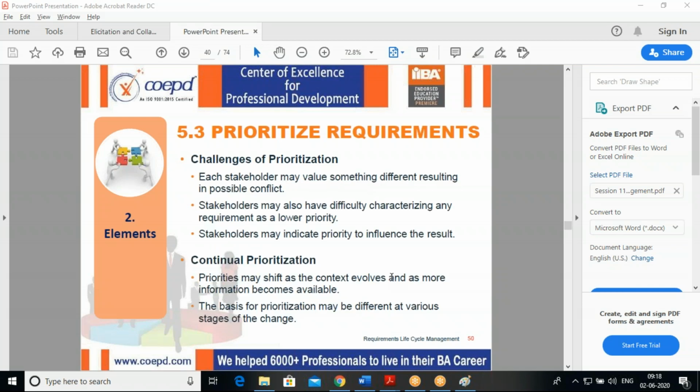Anita, you can speak about what can be the challenges in prioritization. When you are prioritizing, what will be the challenges? You are just thinking about what you can face. Yeah, there might be challenges in understanding a particular functionality, or it might be cost, or time.